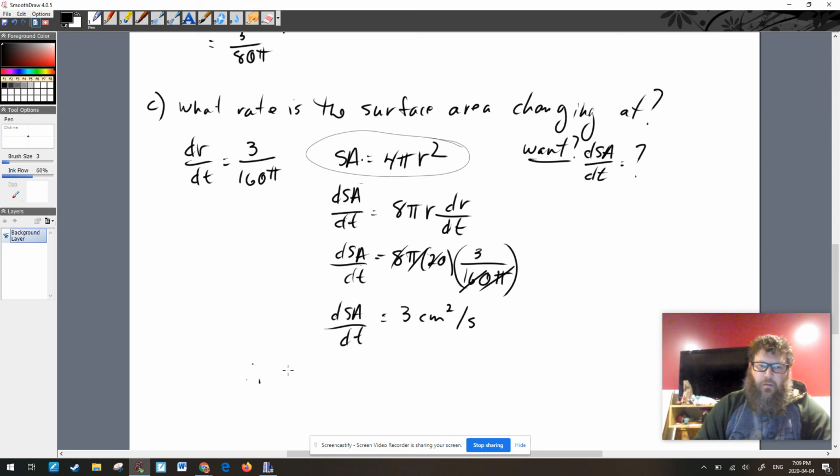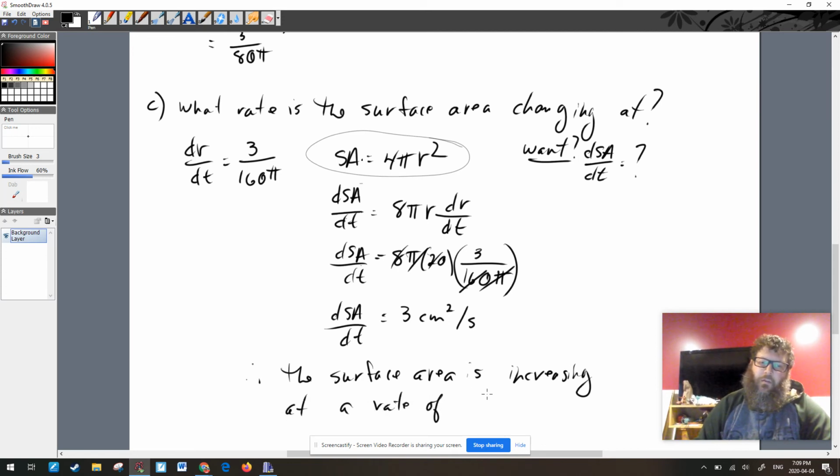Therefore, the surface area is increasing at a rate of 3 centimeters squared per second. Okay, and so that's a pretty elegant, pretty clean solution to that.